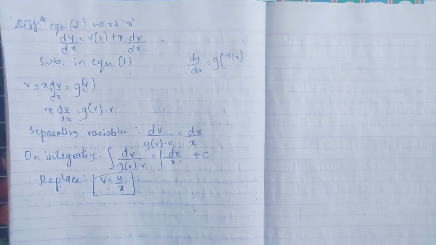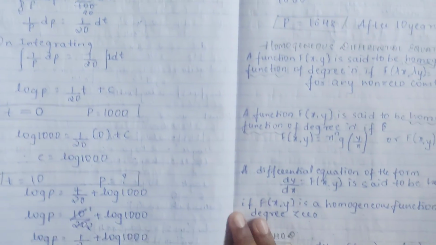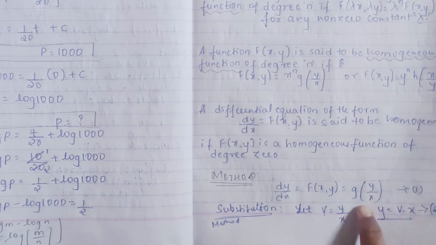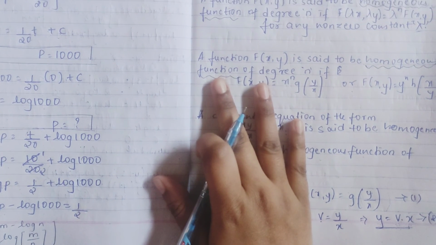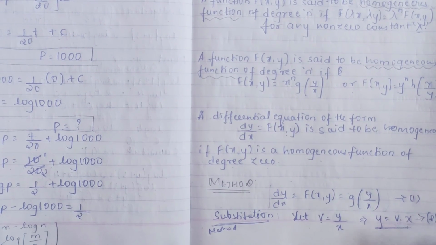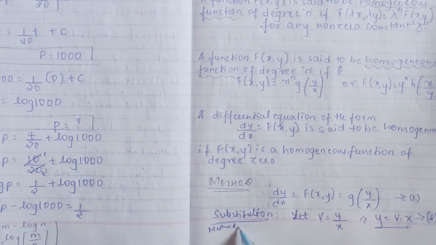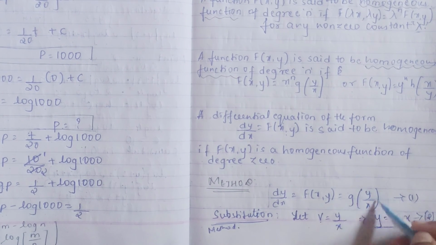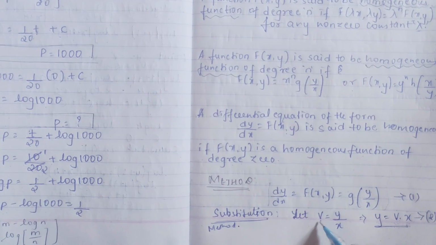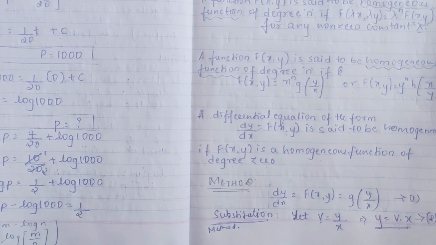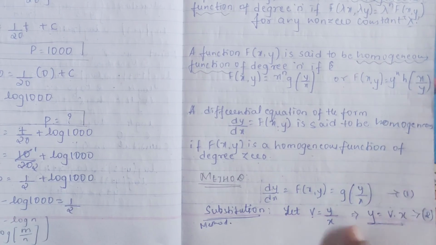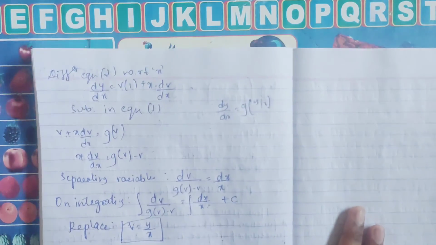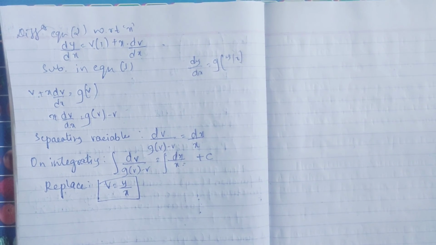I hope this is clear for you. First, get it in homogeneous form, either g of y by x or in terms of lambda, either of them. After getting it, do this substitution method. In place of y by x, you can take v, t, a, b, whatever you wish. Taking v, get y, differentiate it to get dy by dx, and put it in equation 1.